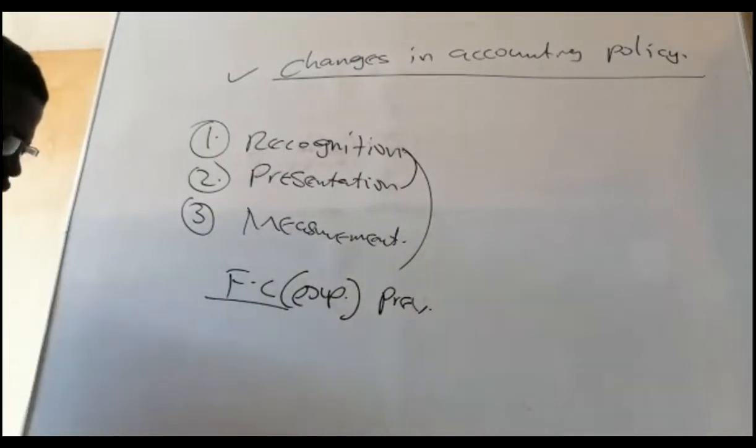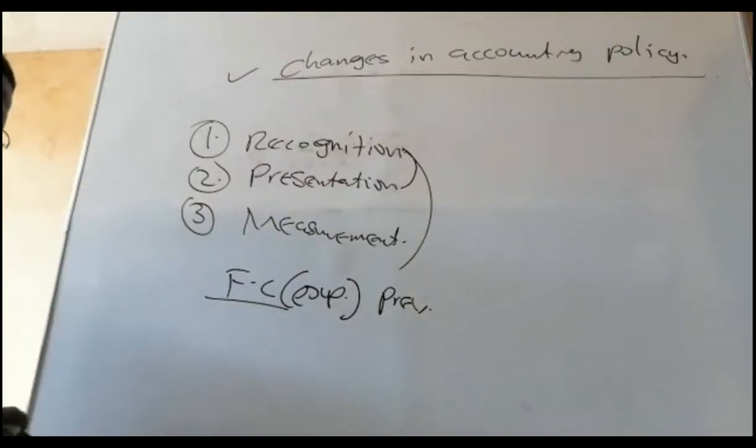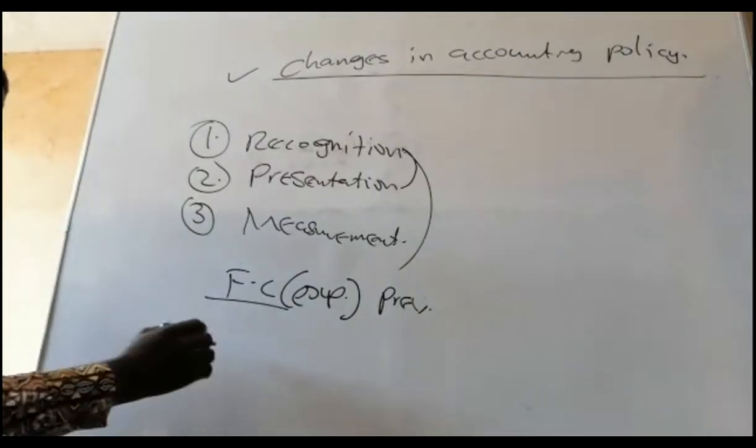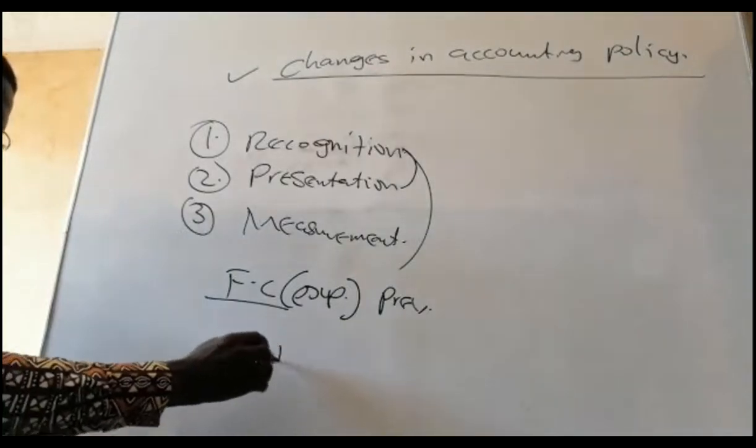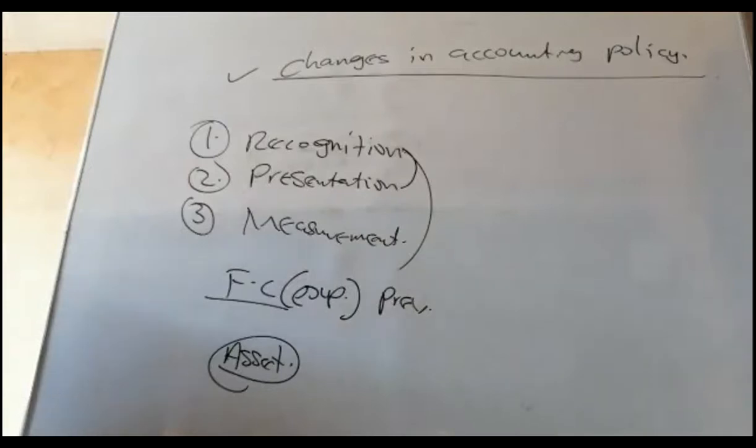Now after IAS 23, some of the finance costs, we are now going to present under what? Assets. So the classification, we classify it under assets, will be added to assets. So the classification will change, that's the presentation. So that is it. So now we know. Good.